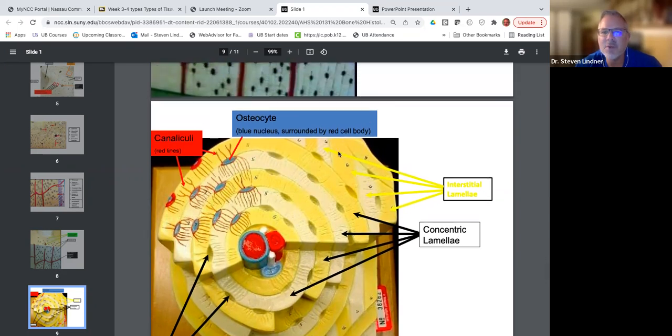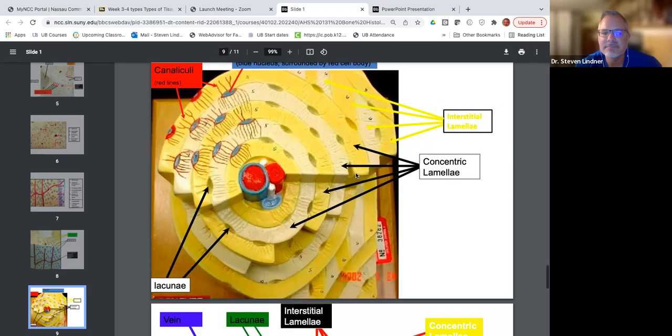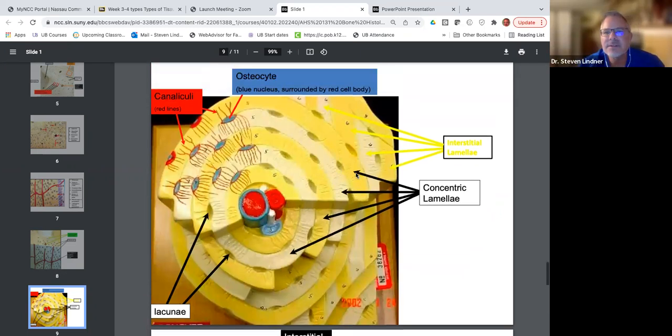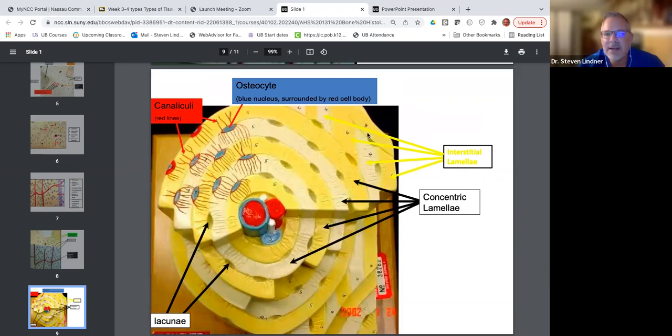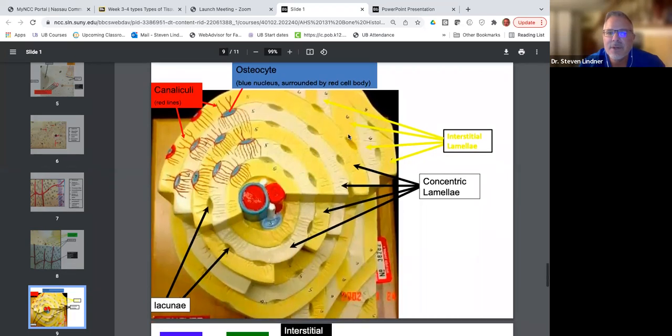The ones between osteons are called interstitial lamellae, kind of like the fluid between cells is called interstitial fluid. So this is the substance between osteons. It's called interstitial lamellae. So lacunae, osteocyte, canaliculi. Concentric lamellae, interstitial lamellae.